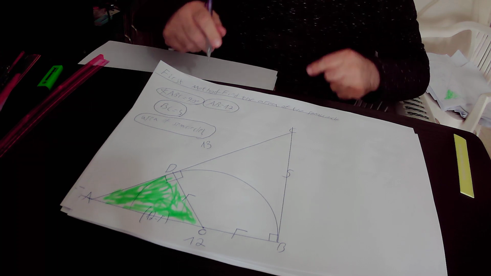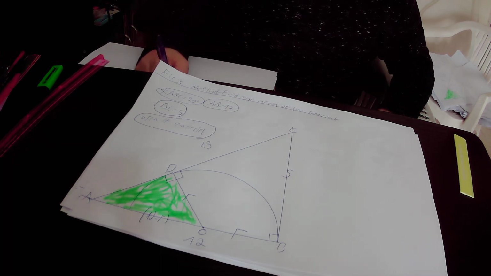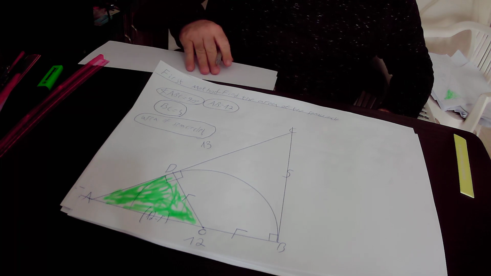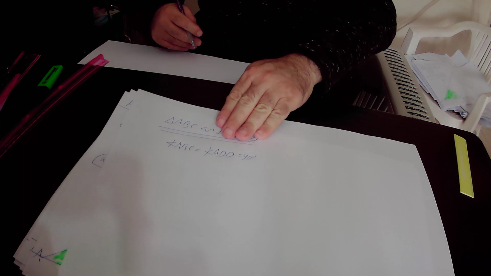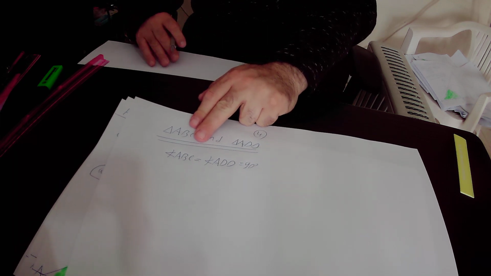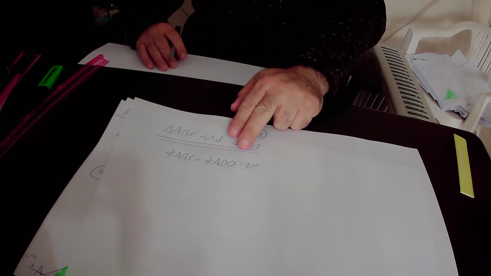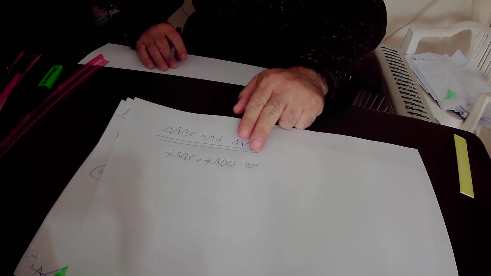And they are both equal to 90 degrees. So here angle ABC of triangle ABC equals angle ADO of the green triangle, and they are both equal to 90 degrees.